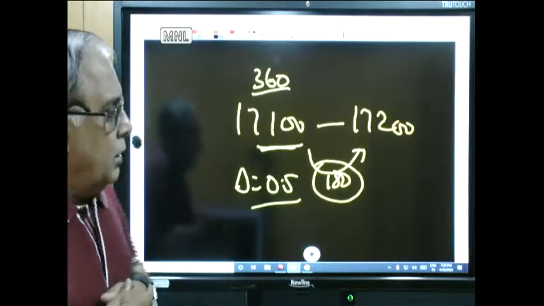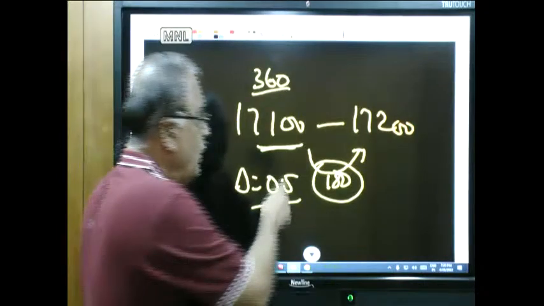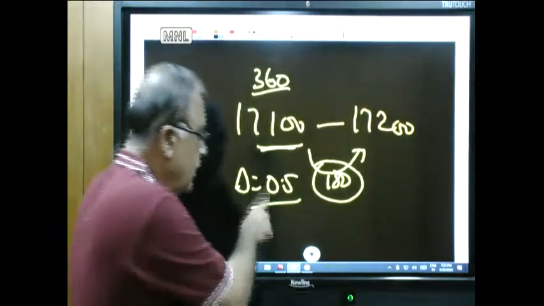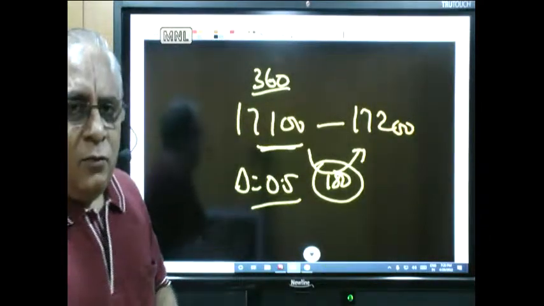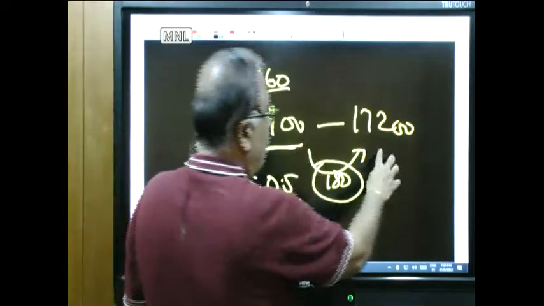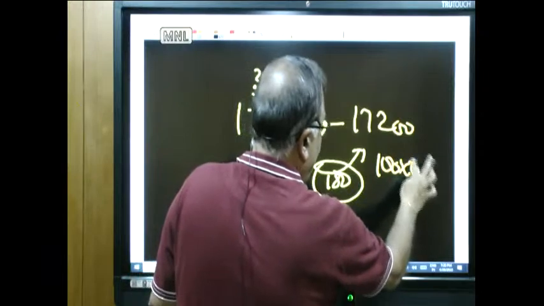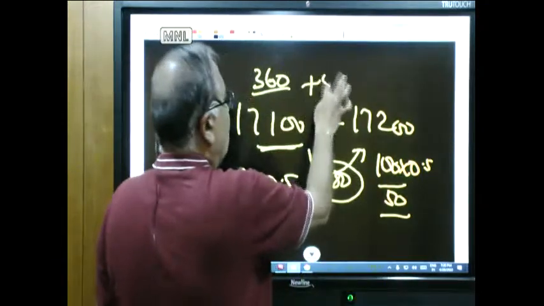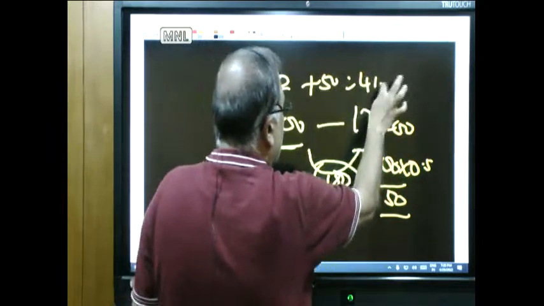delta. Now let us say tomorrow it moves to 17,200. If it's a delta of 0.5, then what should ideally happen? What should ideally happen is this 100 rupees price movement into 0.5, right? So 50 rupees, the option should move from 360 plus 50, it should move to 410.